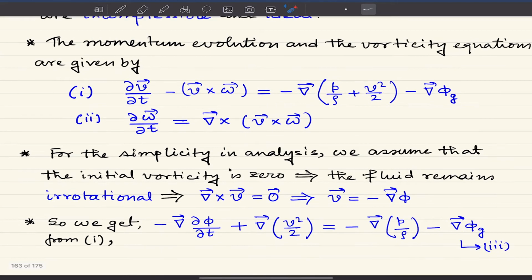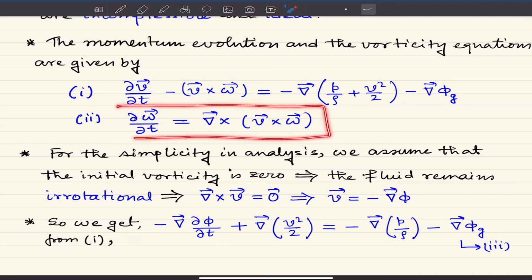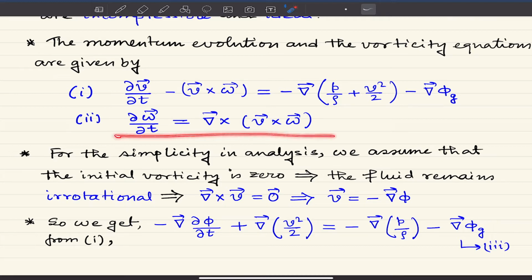Now, for simplicity, we know as a property of such a fluid that if you start with zero vorticity, for example at t equal to 0 your vorticity is 0, then ∂omega/∂t will be 0 and your vorticity will always remain 0.